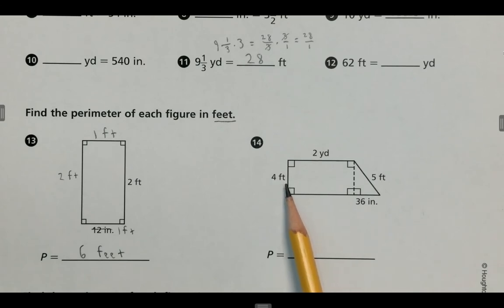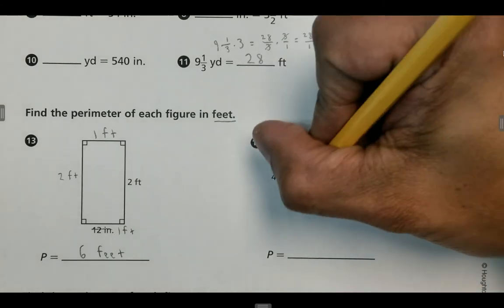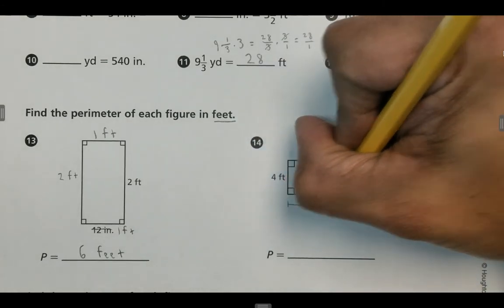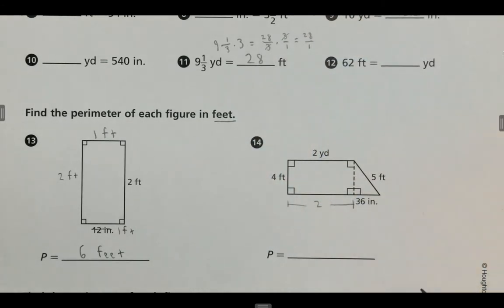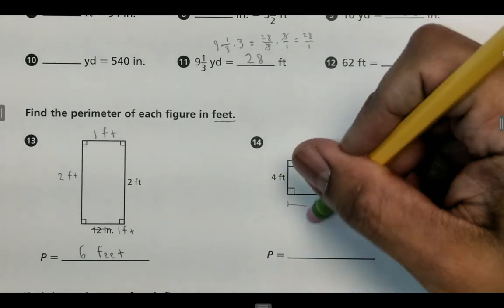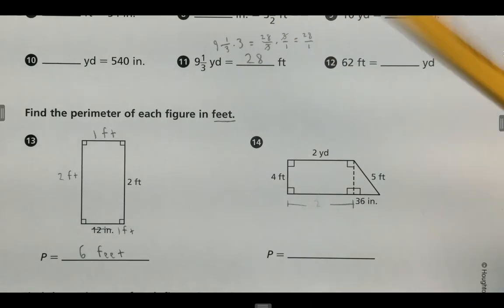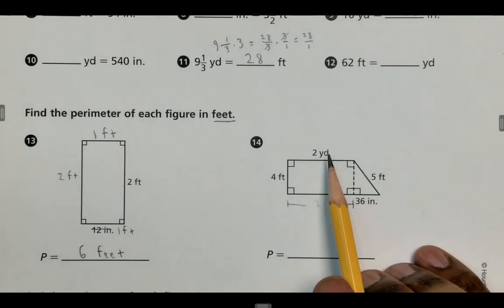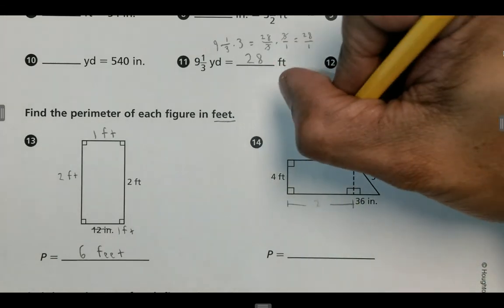14. I'm looking for feet. I've got down here yards. Oops. So yards to feet. Larger unit to a smaller unit. Think multiply. Multiply by what? Multiply by 3. 2 times 3 is 6.